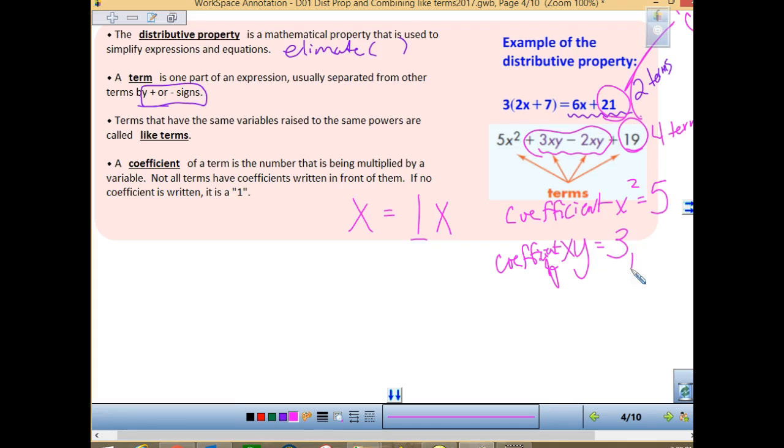The second one is the one where people will get wrong. Anyone want to try me and see if they can get it right instead of wrong? You think you got it, Jeff? -2. It is -2. Way to prove me wrong. You have to keep the sign with the coefficient, okay? So it's not just 2, it's -2, okay? So whenever you talk about the coefficient, you must keep the sign with it, okay?